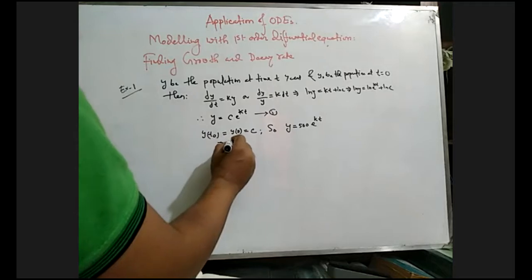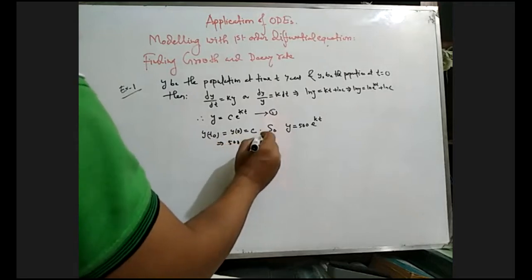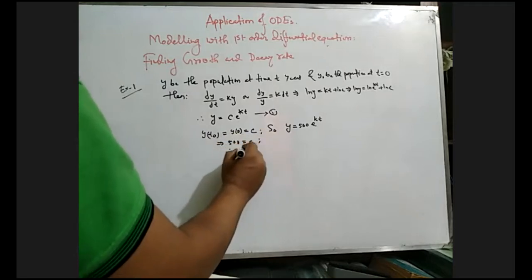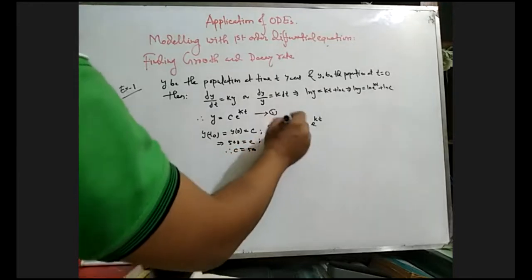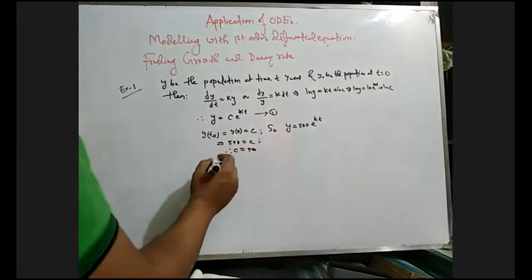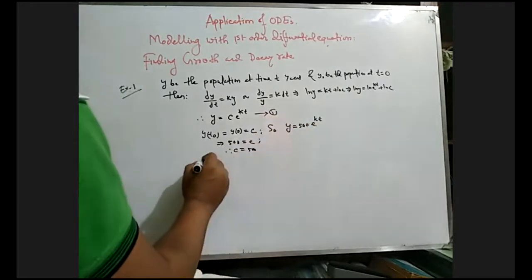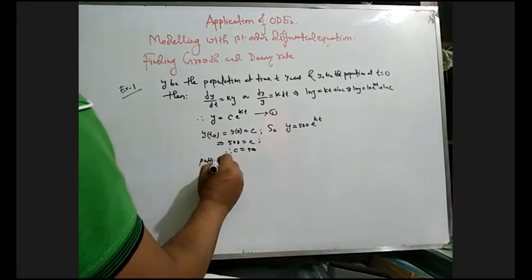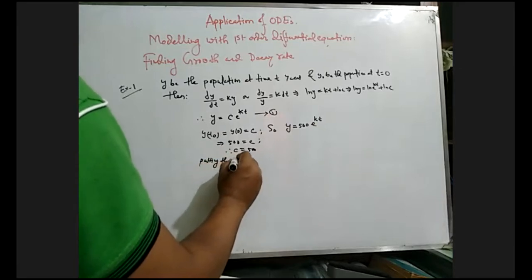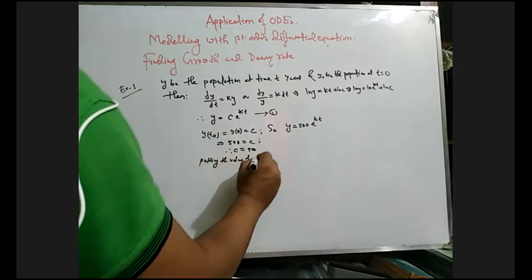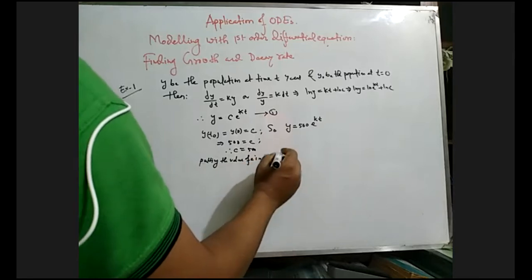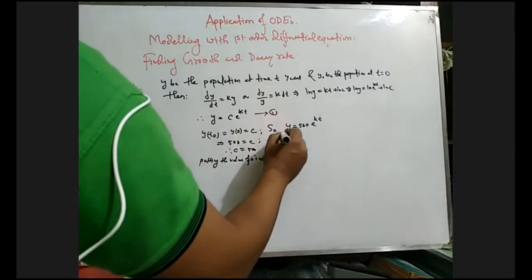So 500 equals c. Therefore, c equals 500. Putting the value of c in equation 1, we get this one.